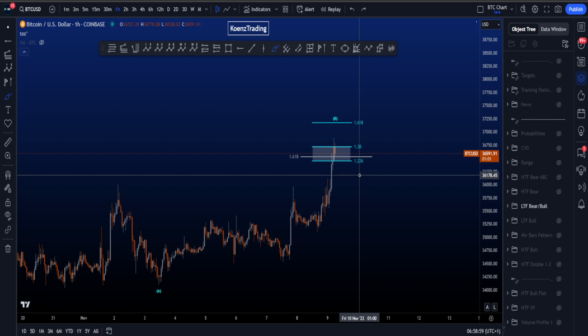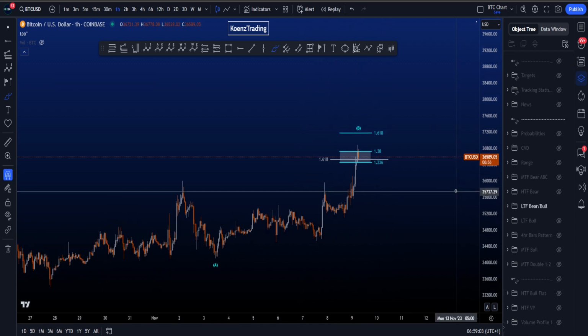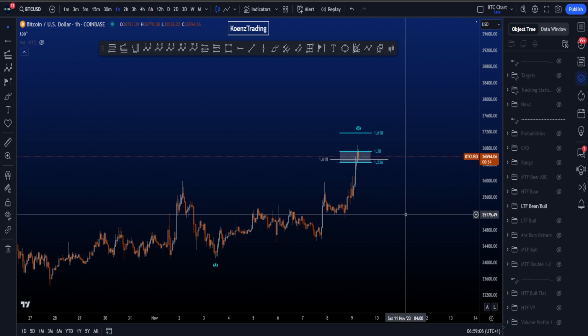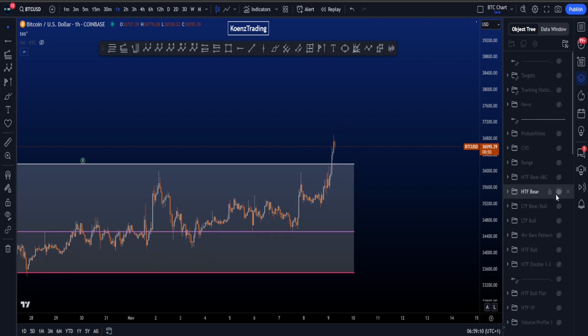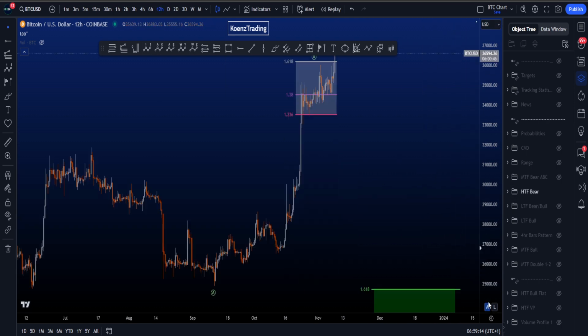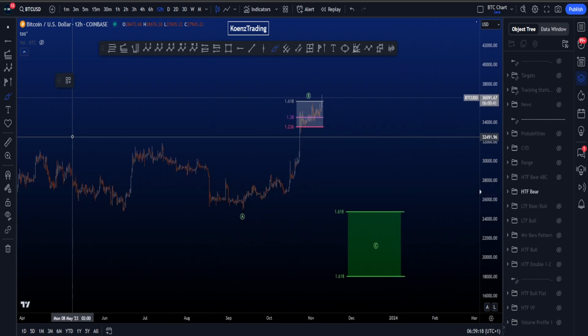So that lowers the probabilities for this particular scenario, but we are still over here inside the wave B target area, so it is something we do have to keep in mind, and we're going to keep an eye on local price action and local signs to see what has the highest probability, but at the moment that would be the bullish scenarios.